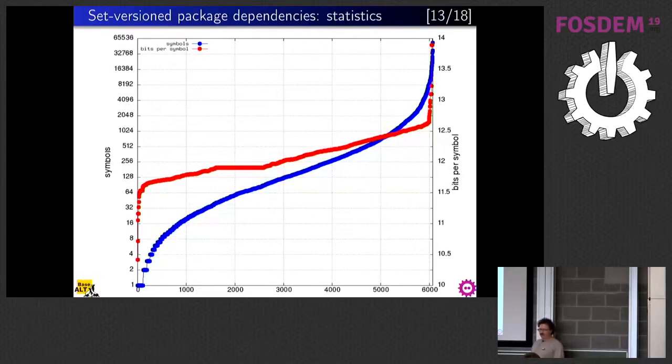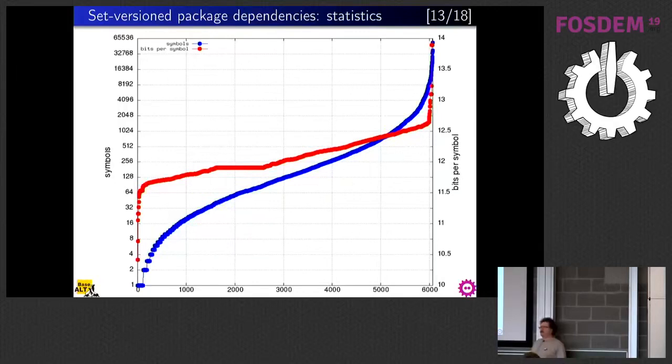And you can see in this red line that about half of these libraries have a bits per symbol ratio of 12, and almost all of them have a bits per symbol ratio lower than 12.6.